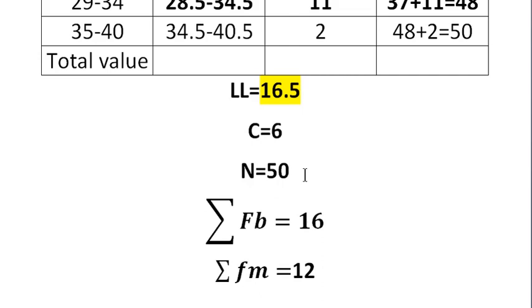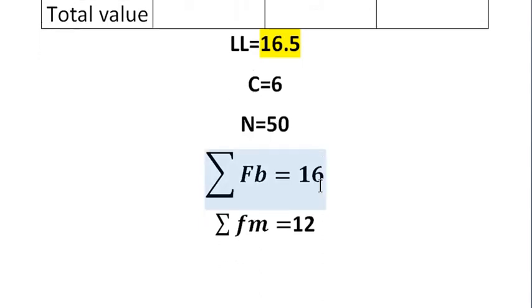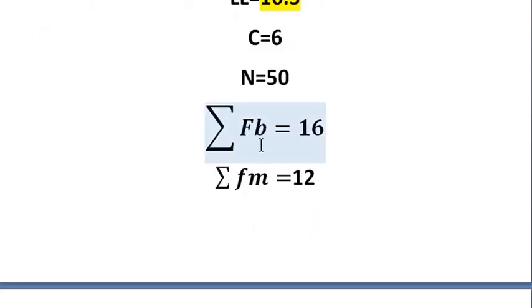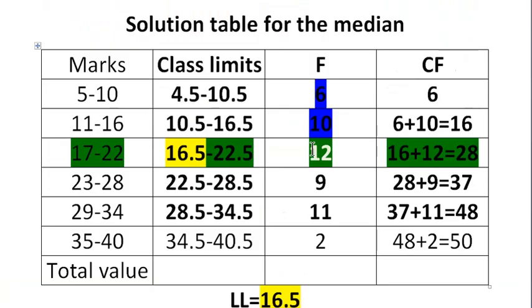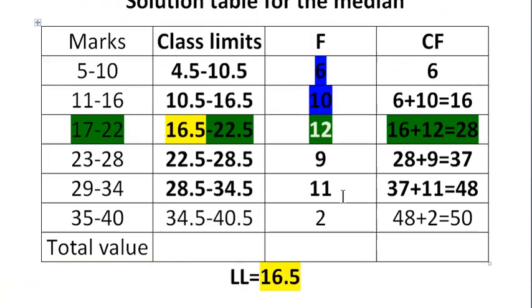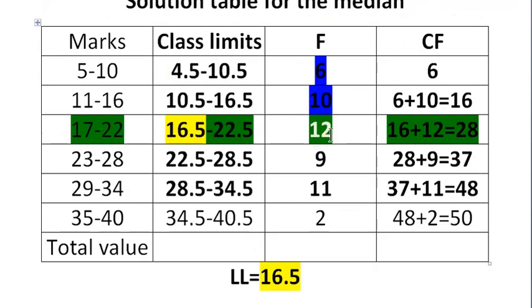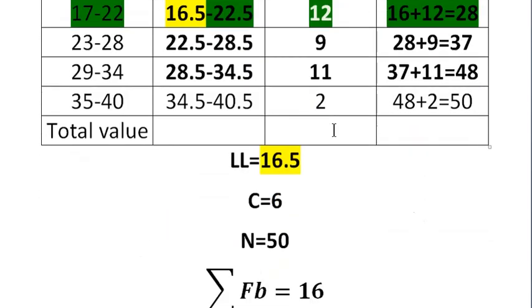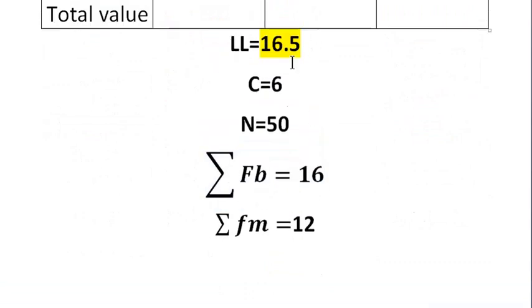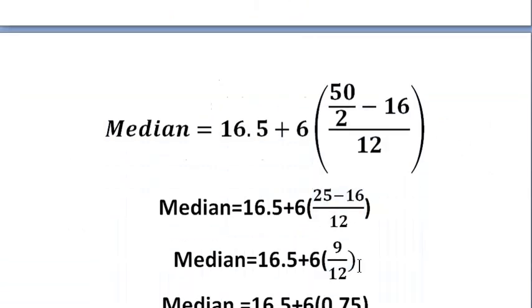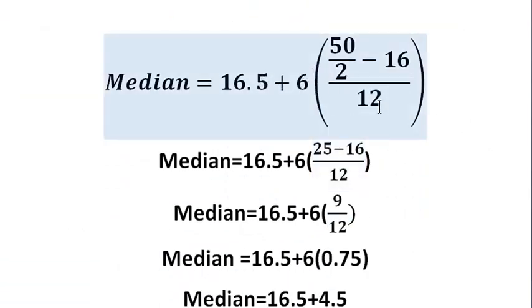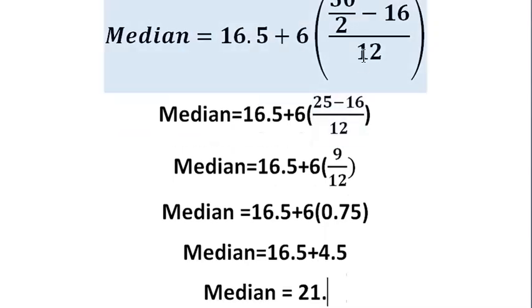The number of frequencies given in the question is 50, and sigma fb, the sum of the frequencies before the median class, is in blue, which is 6 and 10. You add them up. Then the frequency of the median class is in white here, and that is 12. Then we inserted all these values in the formula and resolve it. As you are resolving, 16.5 should be the last number you touch.